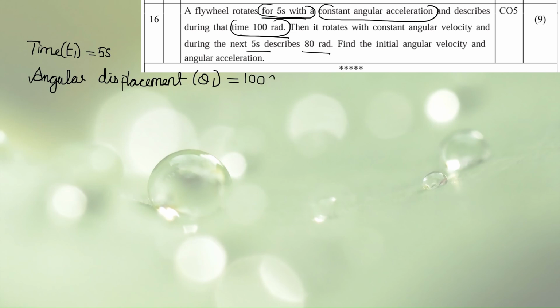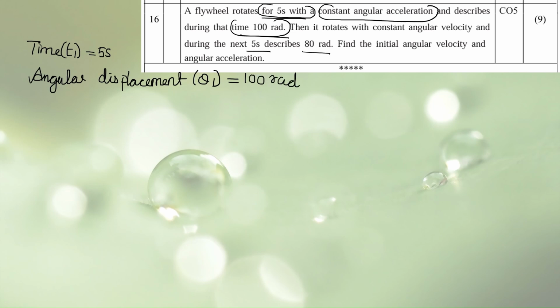So the time t1 can be taken as 5 seconds. And describes during that time, that means the rotation during that time is 100 radian. So I can write the angular displacement theta 1 is 100 radian.